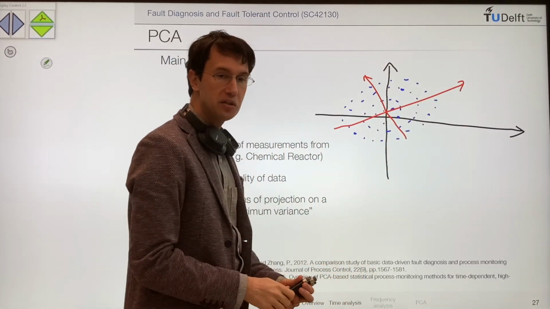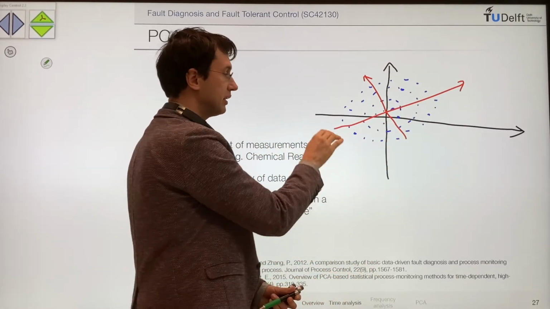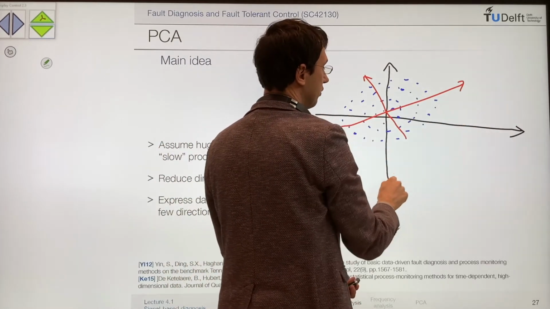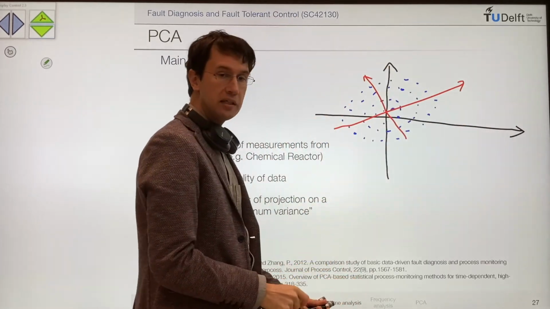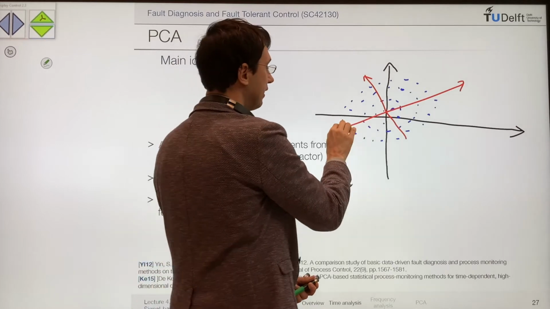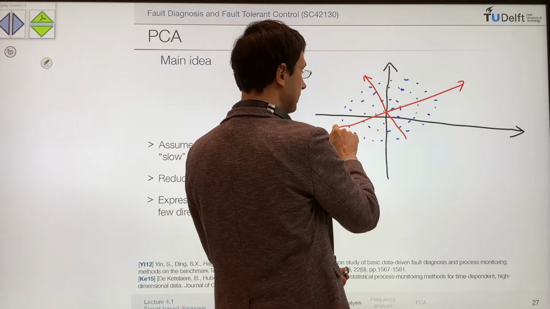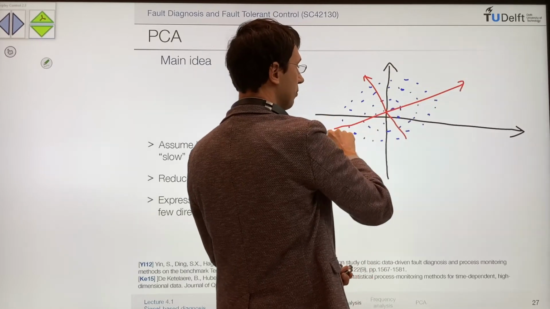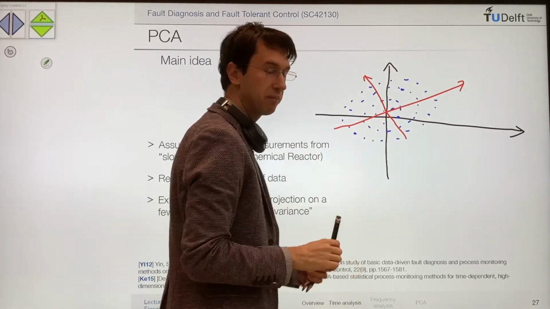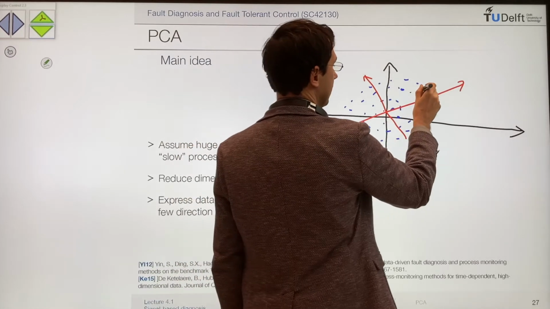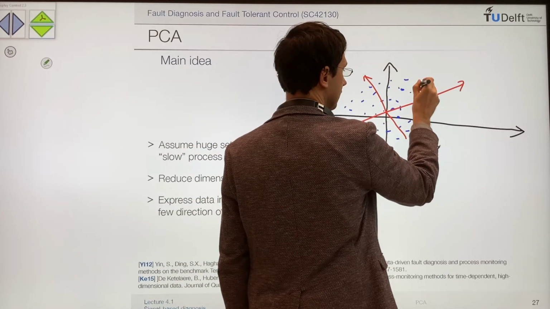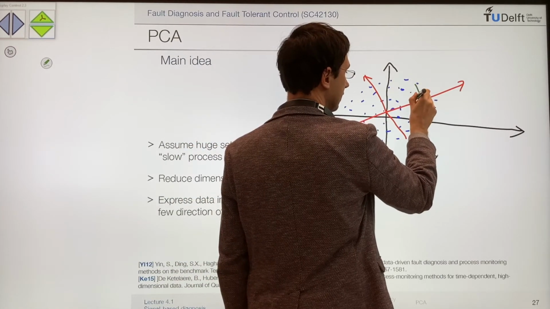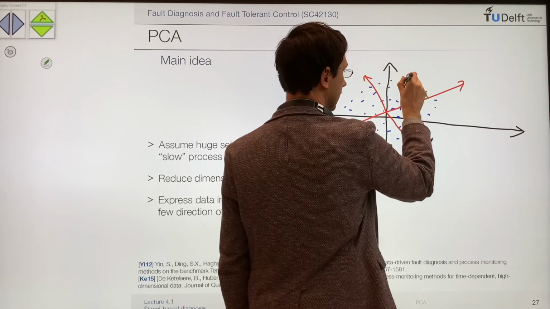So can we reduce the dimensionality of data from the actual 2, so we have these 2 axes, to 1? Yes, we can. And we decide to describe this variation as coordinates along this direction, where most of the changes are happening. So the idea would be then to project every data point on this axis.